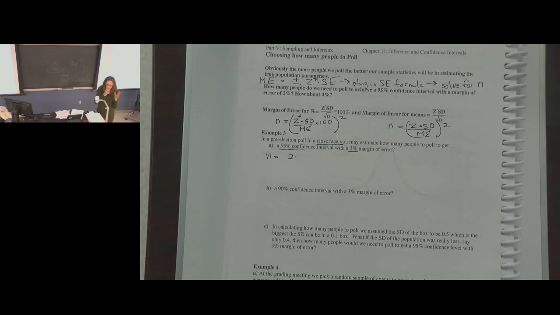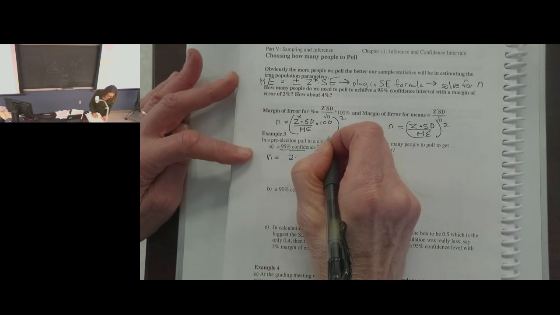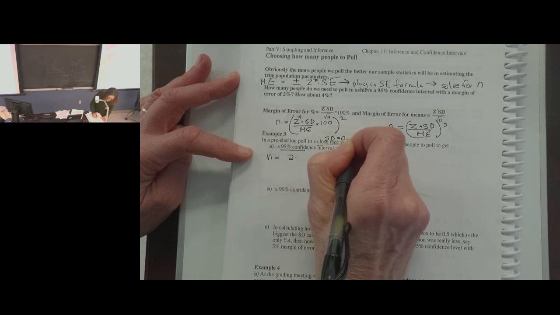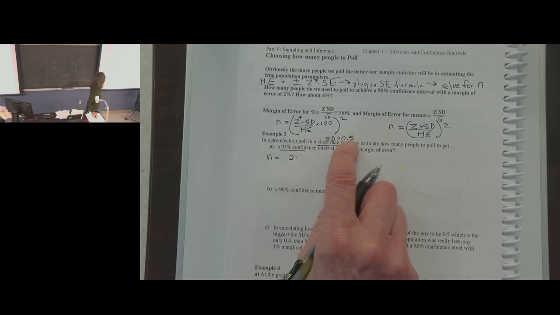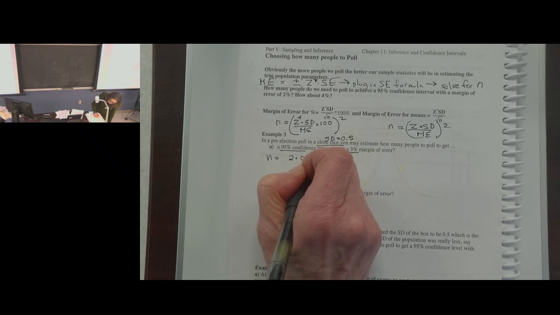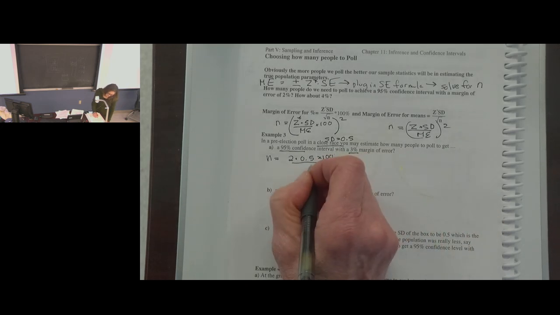A close race means 50-50. So the maximum SD is 0.5. To be conservative, we'll use that, and it's very close to that in a close race. So that's times 0.5 for SD times 100 over the margin of error, which is 3.